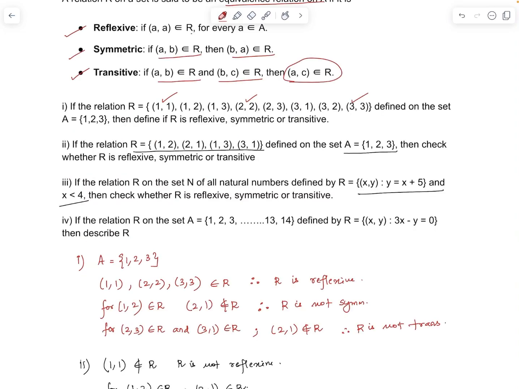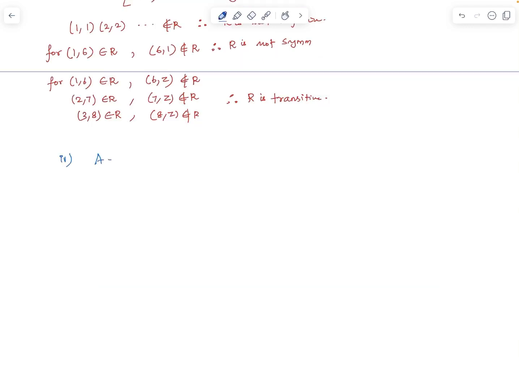Question 4. If the relation R on the set A is defined by R, then describe R. A is given as a set of 1, 2, 3 till 14, and R is defined as the set of all ordered pairs (x, y) such that 3x minus y is equal to 0, and (x, y) belongs to A. Let's frame the elements of R based on the given definition.